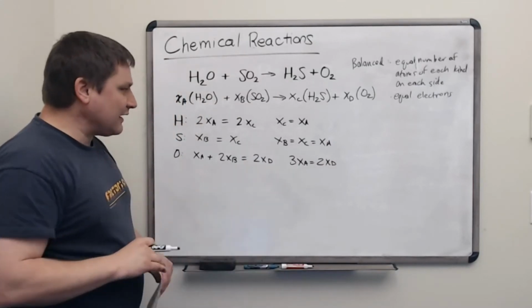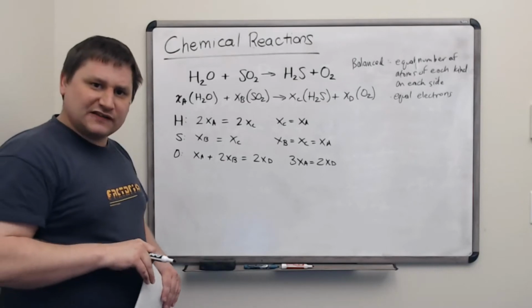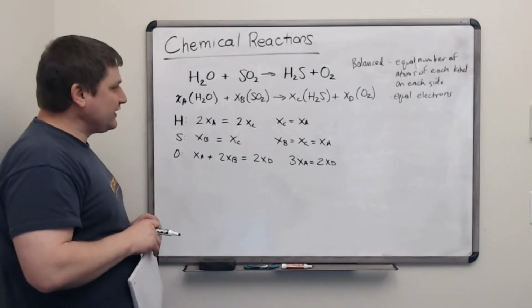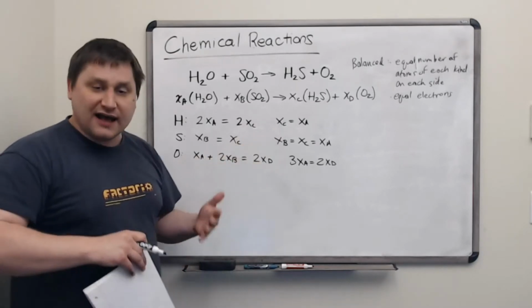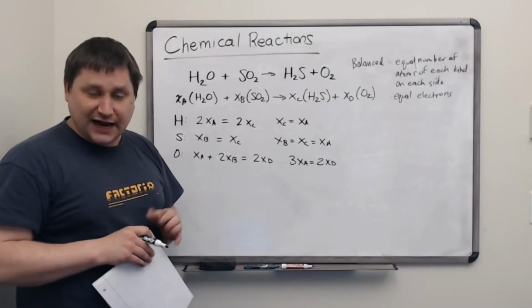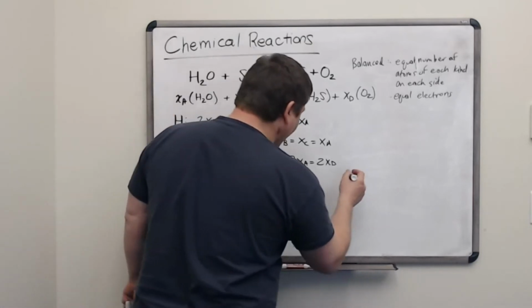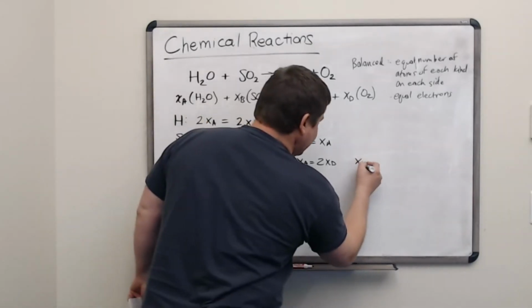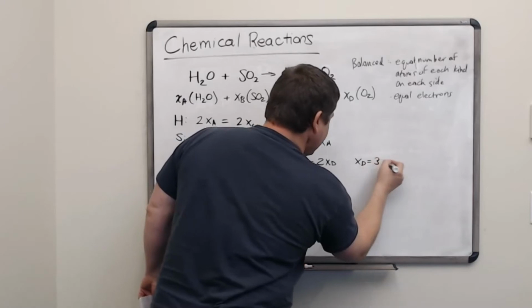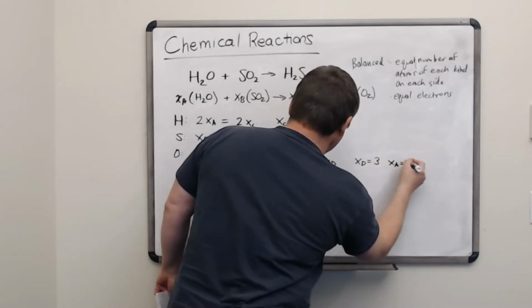So there's infinitely many solutions to this, but in chemistry we generally try to keep our X values as small integers, not fractions, not really large numbers. So I'm going to choose one possible solution, which is to make XD equal to 3, XA equal to 2.